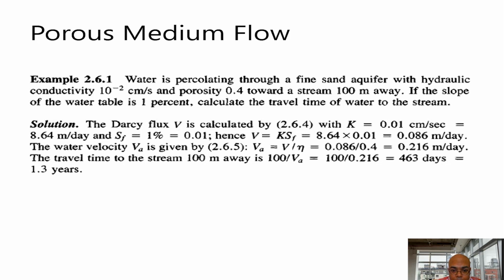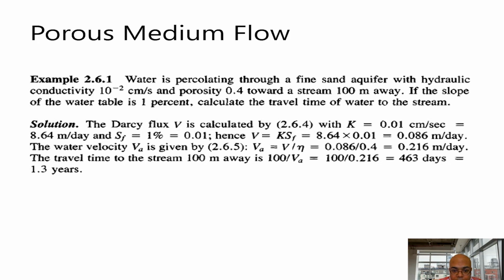In this numerical example, we need to find the actual velocity. We know the formula V is equal to K into SF, where K is the hydraulic conductivity, given as 0.01 centimeter per second.